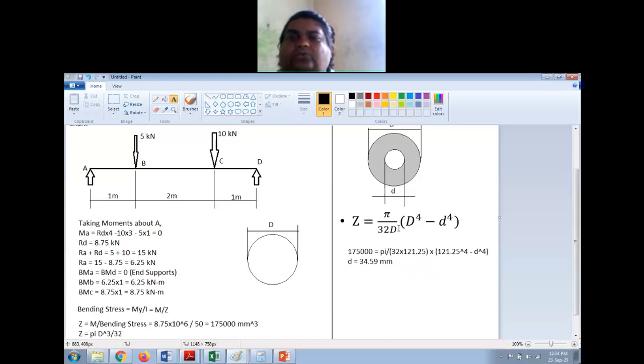They always use hollow sections, right? It can be rectangular hollow tubes, circular tubes, or square tubes. Any sort of tubes are used, but not solid rods, right? So the section modulus plays a very important role in bending. Okay.